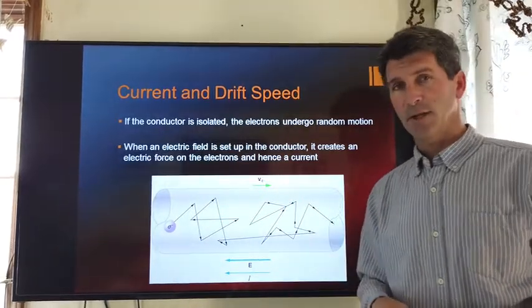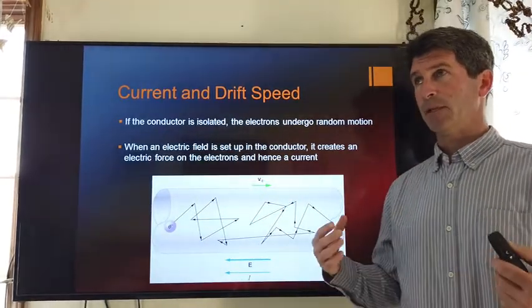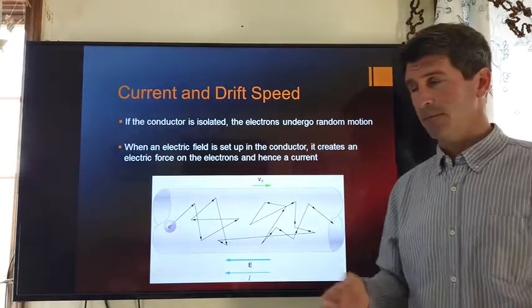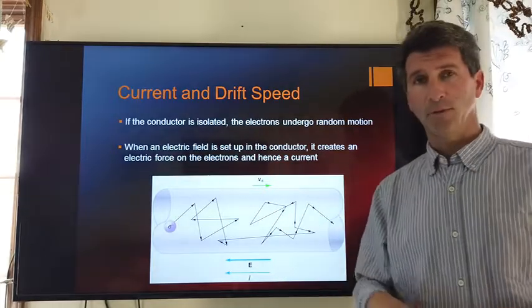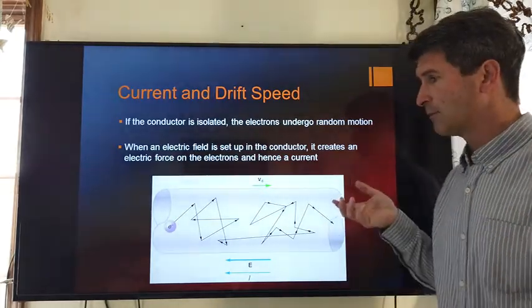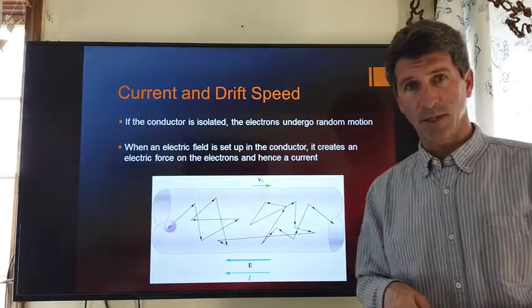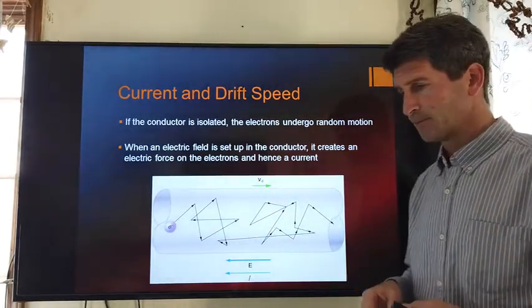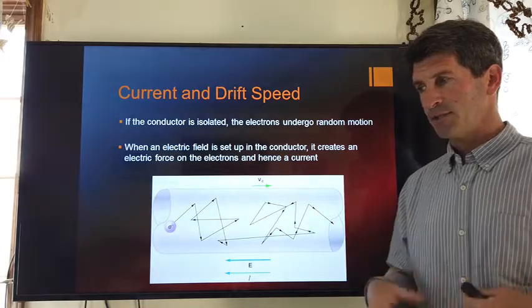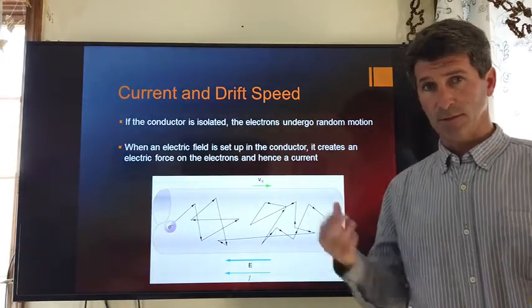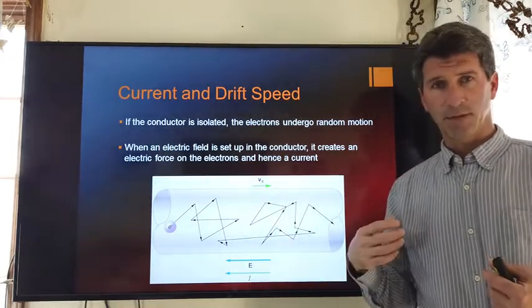Really, think about the electrons as almost being in a gas-like state. Obviously, they're bound within the metal itself, but they're moving due to their thermal energy, so they're moving in all random directions. Now, just because we've heated up a conductor, a metal, that doesn't mean we have electricity flowing.